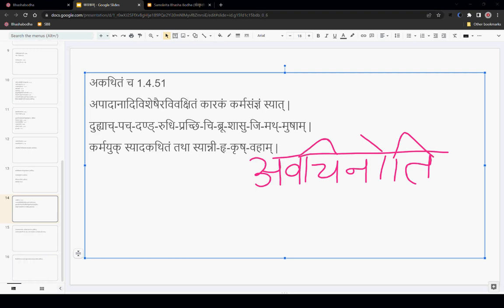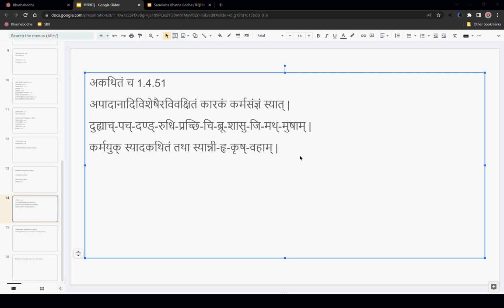Balika vruksham pushpani avachinoti. She plucks flowers from the tree. So either dvitiya or panchami on vriksha, both are fine.